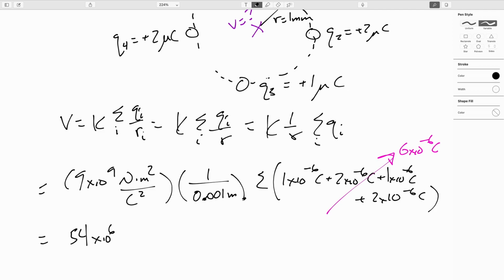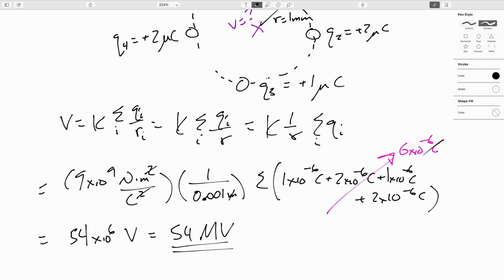And let's make sure that this is indeed volts. So coulombs will cancel one power there, meters cancel one power there, joule per coulomb. Yep, volt, good. 54 times 10 to the 6 volts, or if you prefer, 54 megavolts.